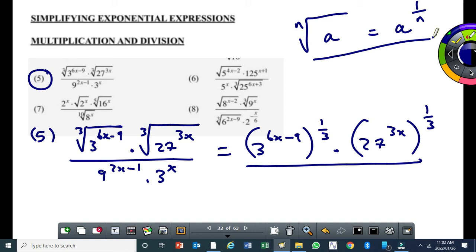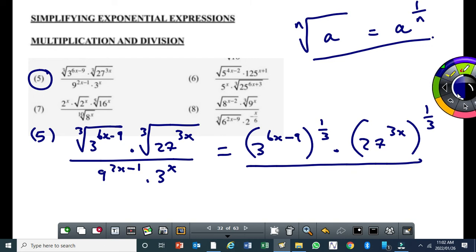Sure. Okay, but another variation of the rule is the nth root of a to the power of m equals a to the power of m over n. There are two.